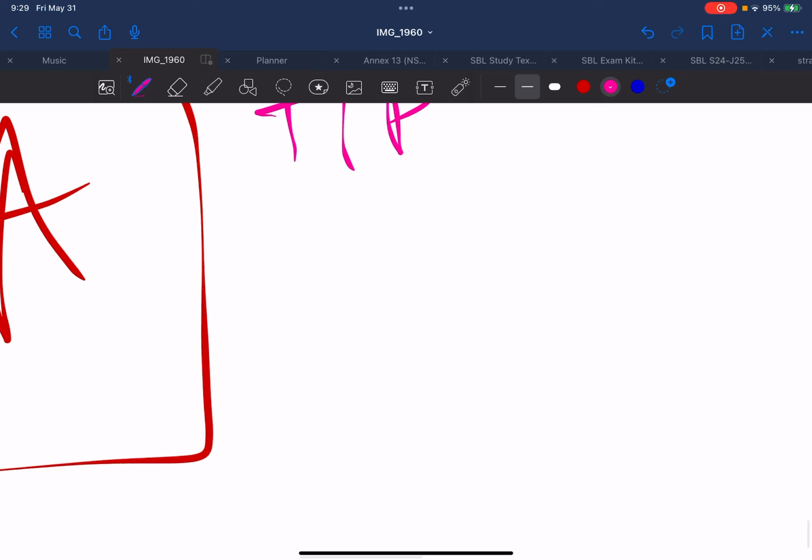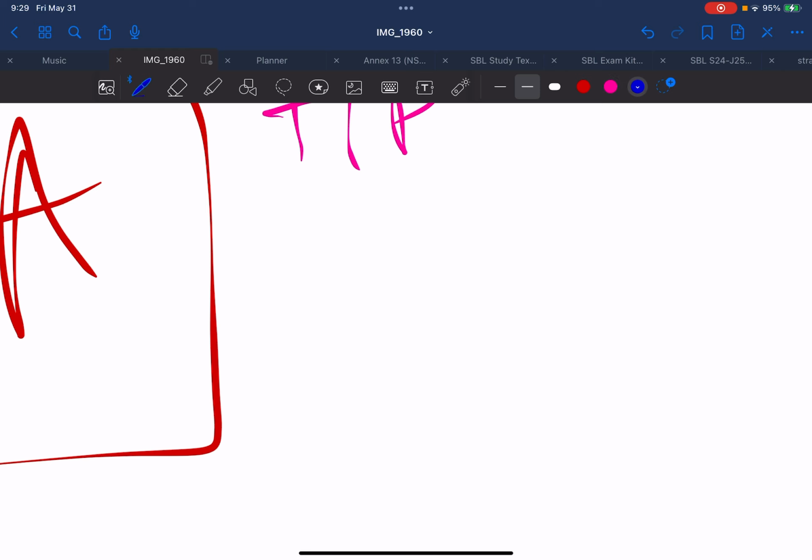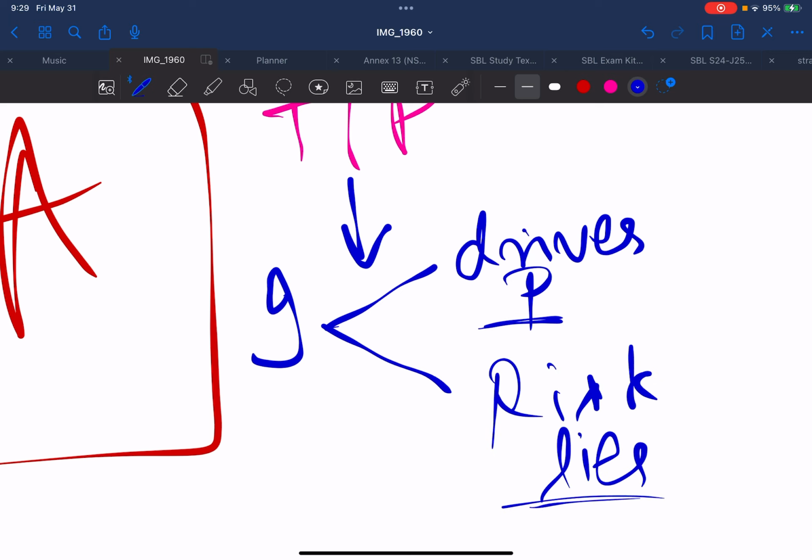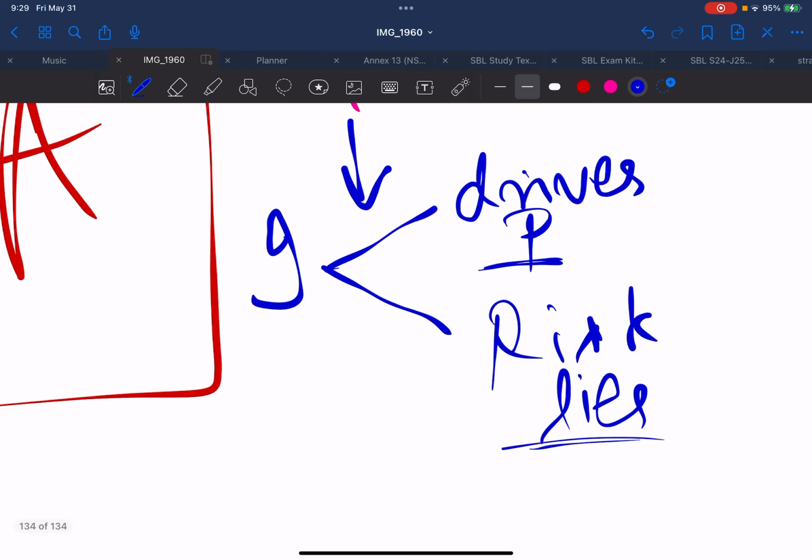PAA provides insight into what drives profitability and where the risk lies.